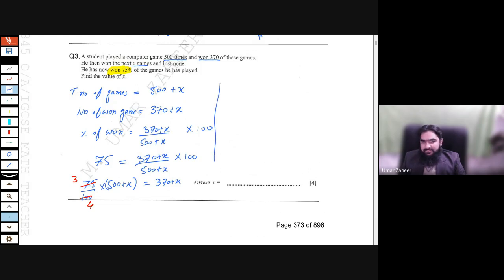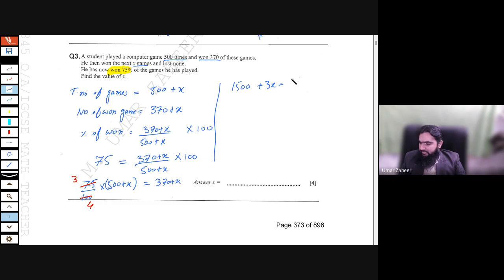Now 4 is dividing here, so on the other side it will be multiplied. So 3 times the bracket 500 plus x: 3 multiplied by 500 is 1500, plus 3 multiplied by x is 3x.